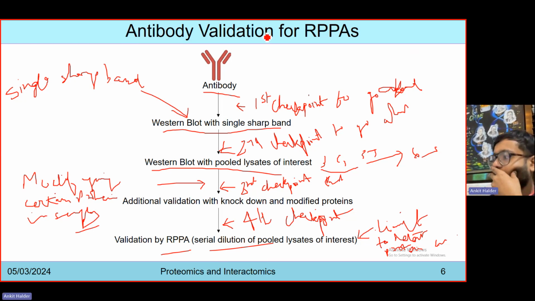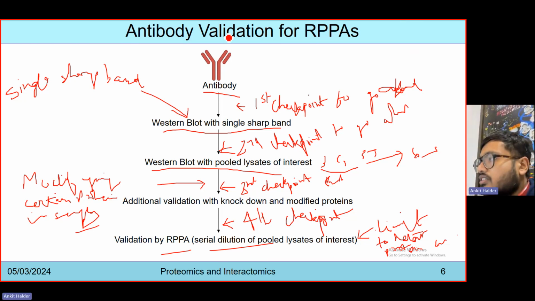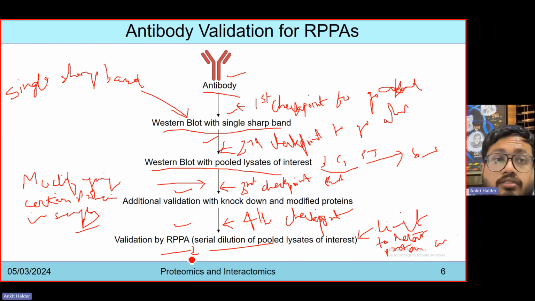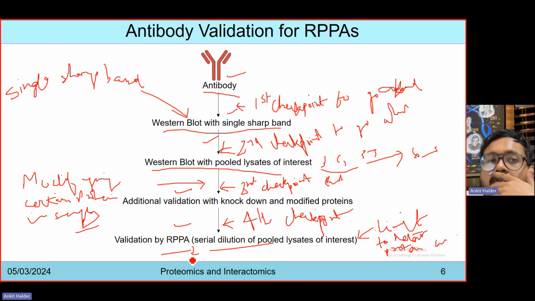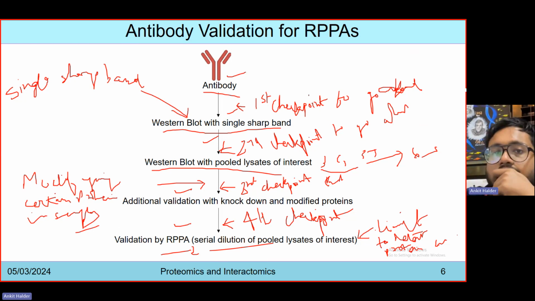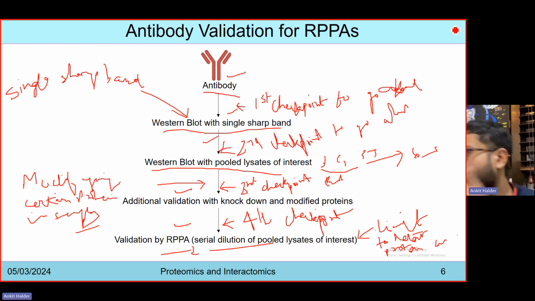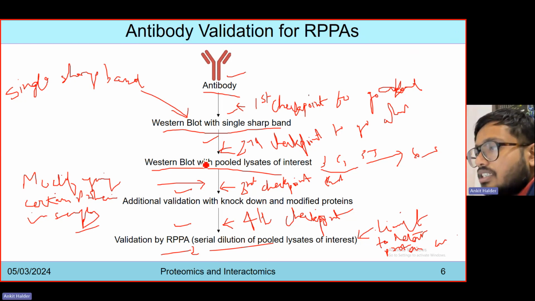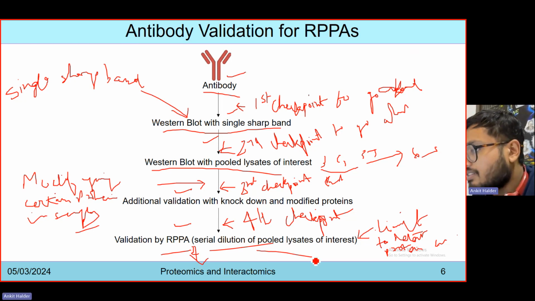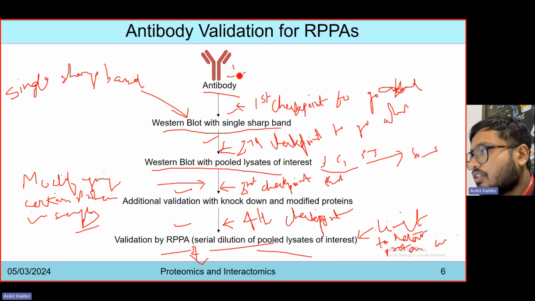analysis, so that once the antibody is passing all these checkpoints and is given a go ahead, starting from the western blot, that yes, it's a single sharp band, second lysate, third, fourth, and when it is finally validated by RPPA through the serial dilution of the pooled lysates of interest, then this particular antibody will be given a go ahead to use.